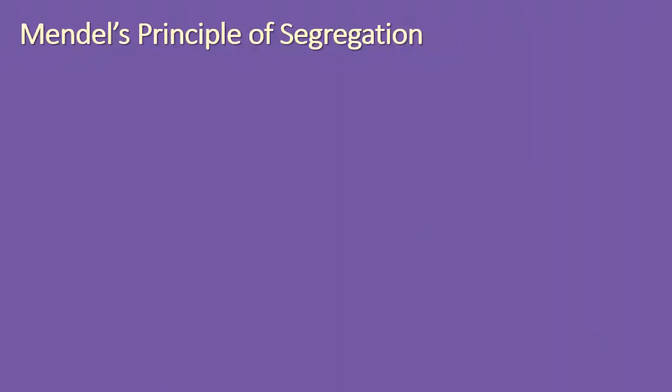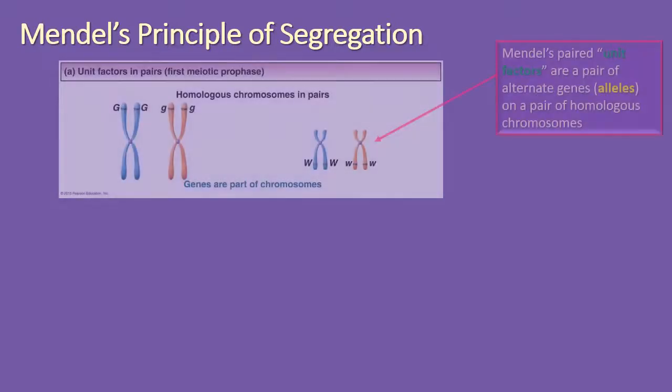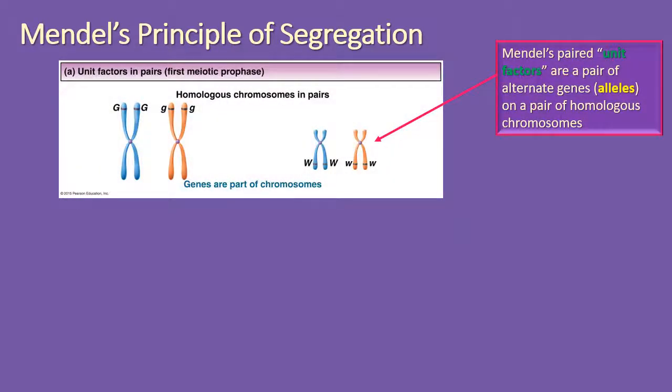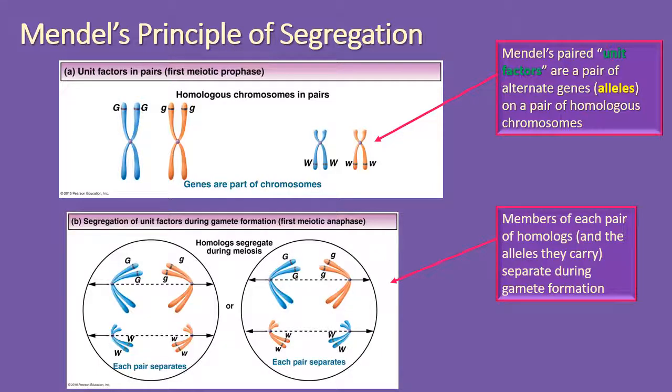Now, with Mendel's principle of segregation, we've already looked at these pictures before, so just a review: Mendel had these paired unit factors, which we know are actually alleles, alternate forms of genes present on homologous chromosomes, and that they pair up during meiosis and then get segregated independently of one another.